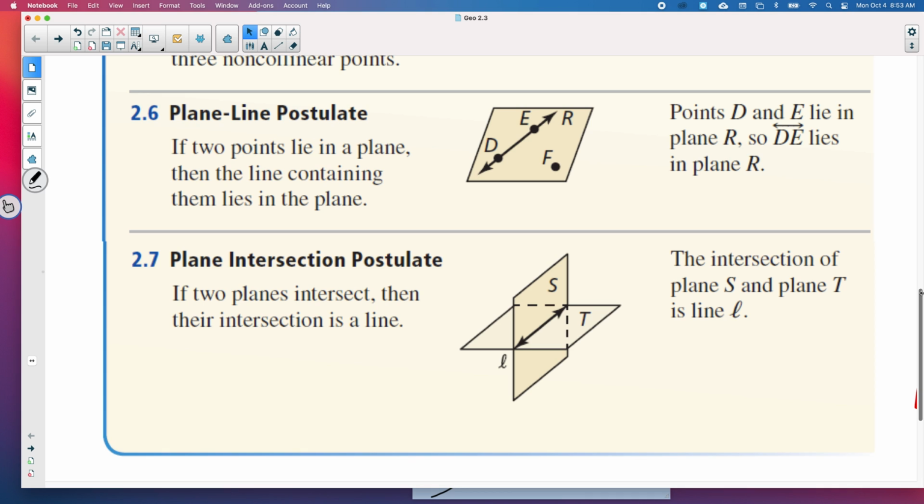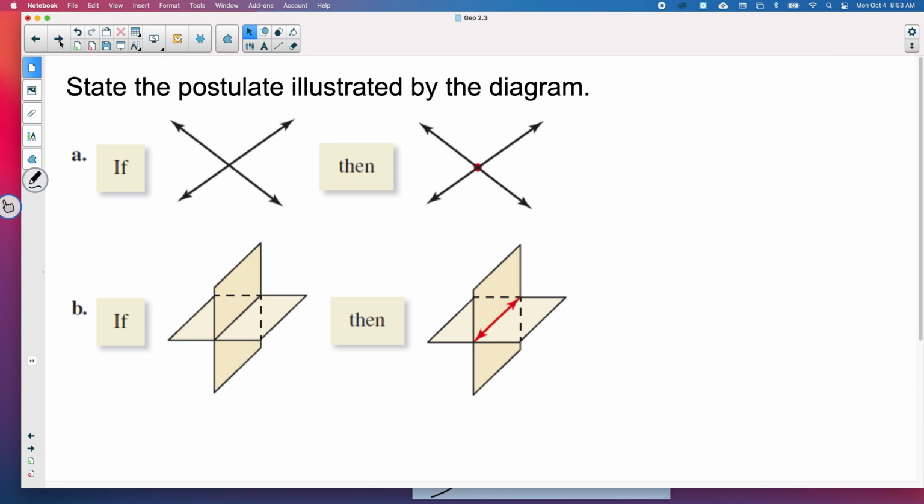We talked about that in the first chapter, when 2 planes intersect, it was a line. So flip over. You're definitely going to want to look at that first page when you're going through your assignment, because you have to be able to recognize which one of those postulates they're illustrating by the picture.